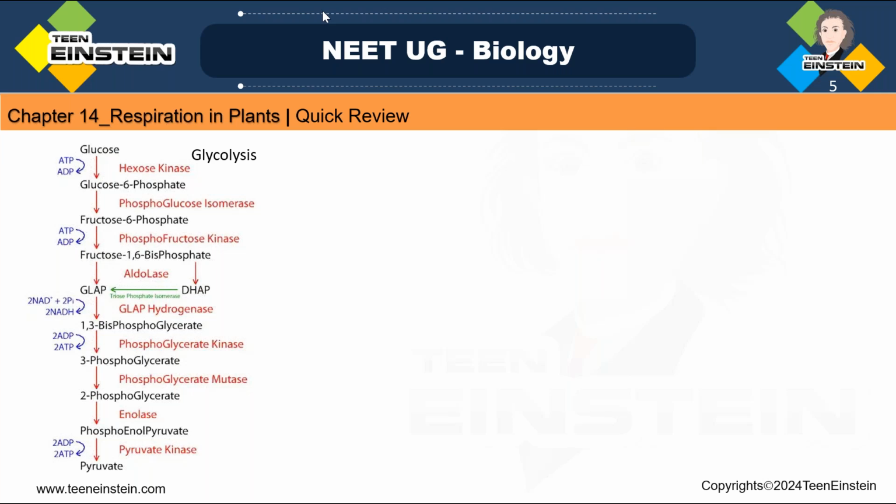How is it entering? This entry is with the help of a specific transport protein. Some transport protein is helping pyruvate enter the mitochondrial matrix.